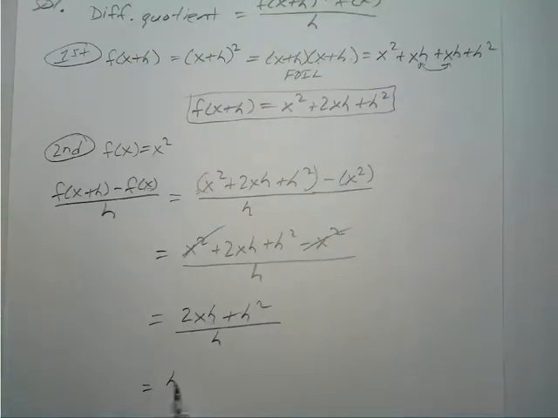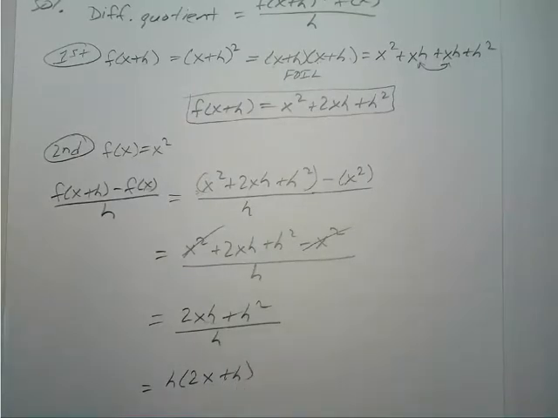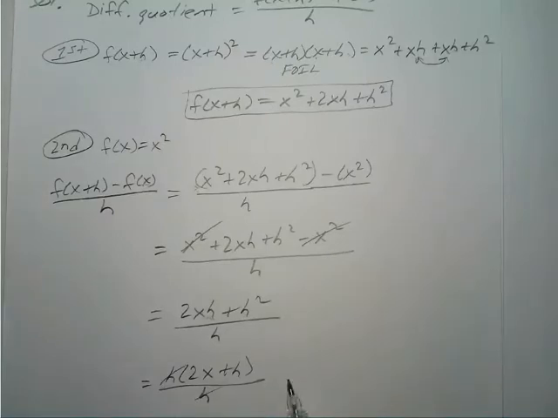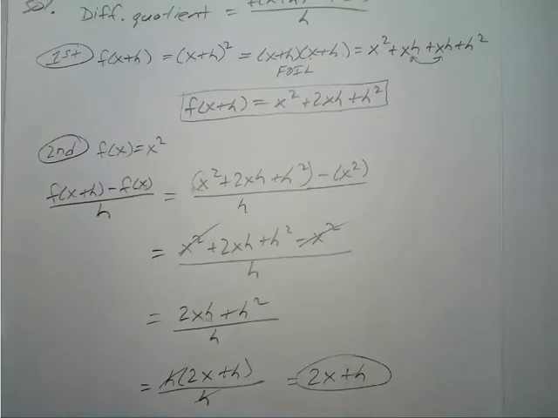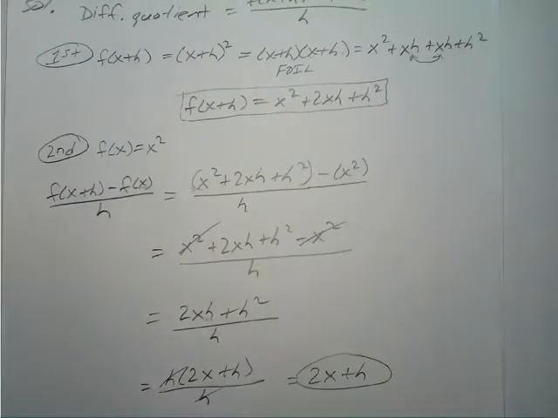So that's going to equal h times 2x plus h. Of course, if you distribute it, you get that back, so you can always double check it, all over h. Those two will cancel out, so you end up with 2x plus h as your difference quotient.